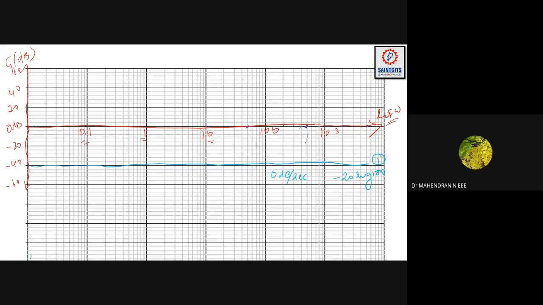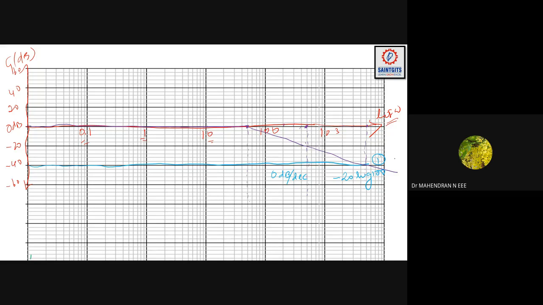So draw a reference line here, and here also, a reference line. So the magnitude plot of 1 divided by should be like this, and I can draw like this.